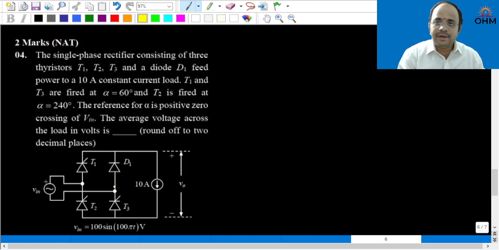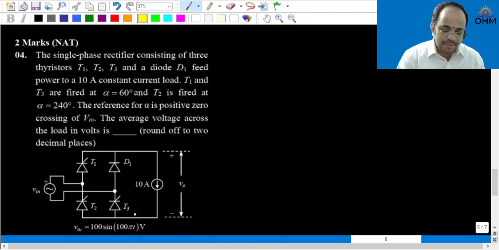Now, immediately after pi, D1 will start conduction. The moment D1 starts conduction, T1 will get turned off. Therefore, D1 will start from pi itself, but T3 will get turned off only after T2 is turned on, that is at pi plus alpha. Therefore, from pi to pi plus alpha, this circuit will give you freewheeling action due to the D1 and T3 conduction interval.